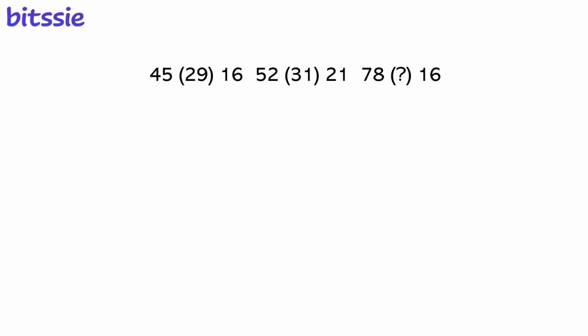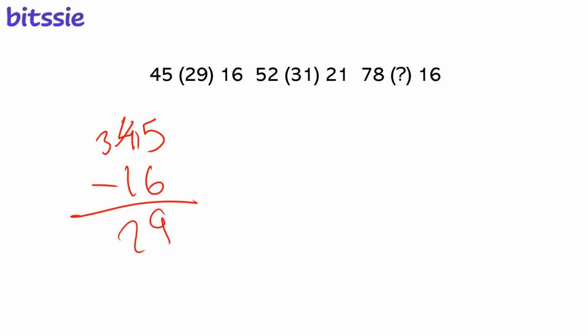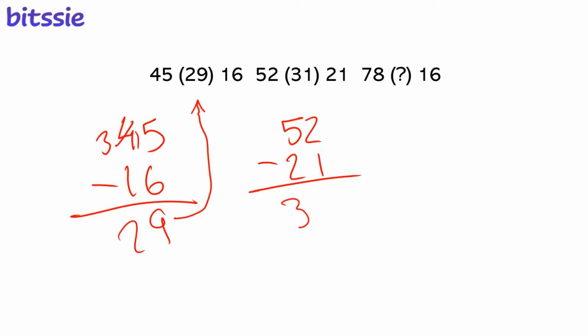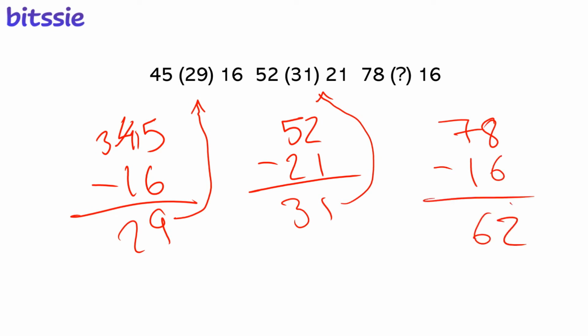However, this question is quite simple, and as we can see, 45 minus 16 gives us 29, right there. And then 52 minus 21 gives us 31. So what we need to try is 78 minus 16, which is 62. So there's our answer.